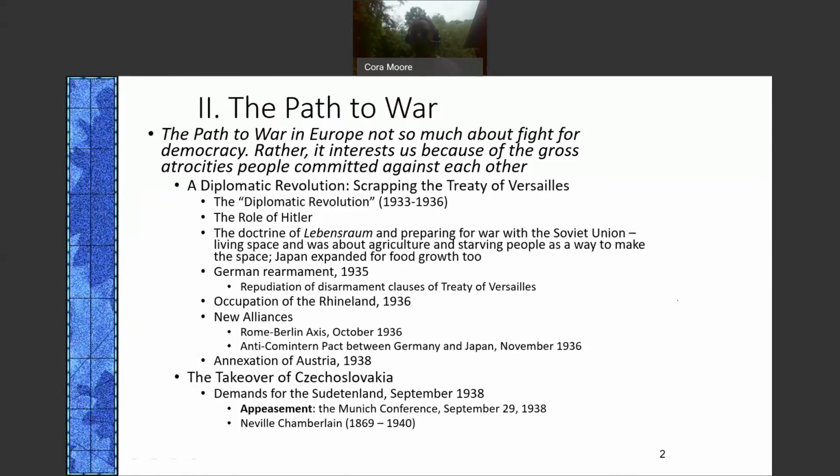So basically what they would do is they would starve people. Anybody that wasn't of the Aryan race that lived in a certain area, like say Czechoslovakia, they would starve those people out, and then once they were dead, they would move in who they considered to be the true Germans there. And that's something we see in the Soviet Union, and we also see that policy enacted in Japan. So that's a little scary to think about, huh?